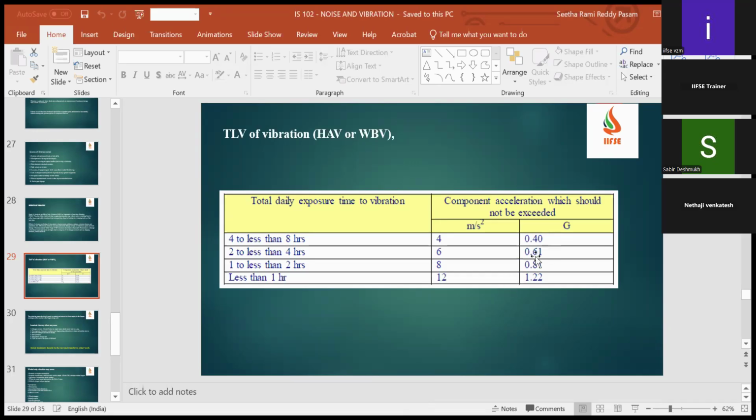Sir, Naidu was writing something. I think it is amplitude. But Naidu, the amplitude units are different. It's an amplitude of acceleration.